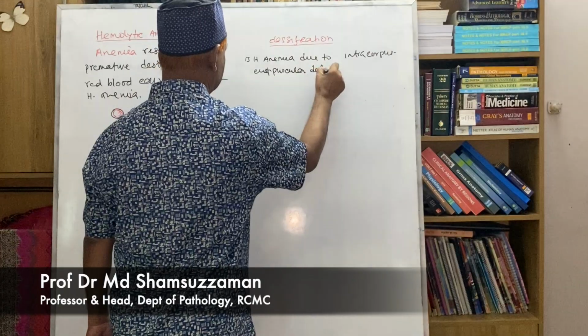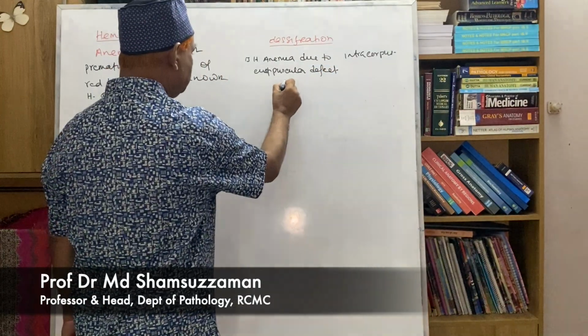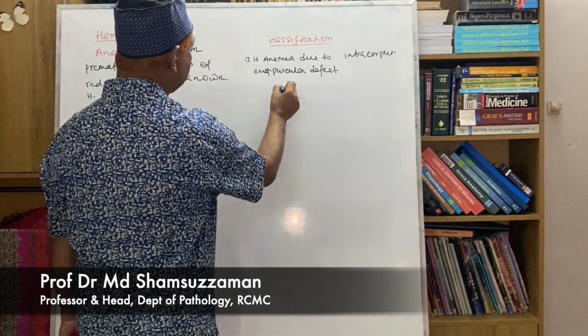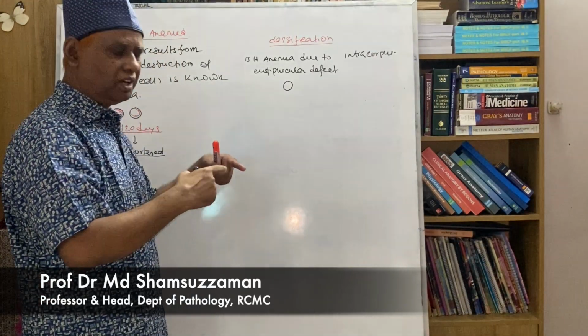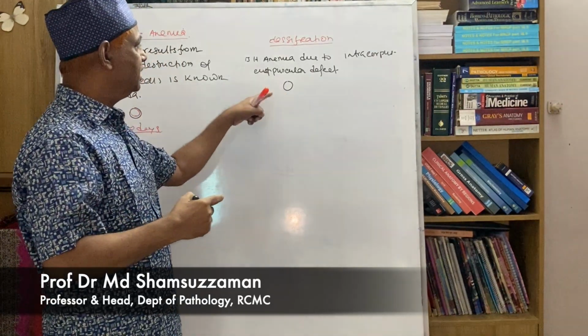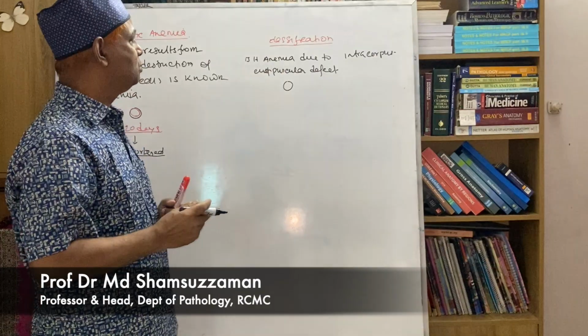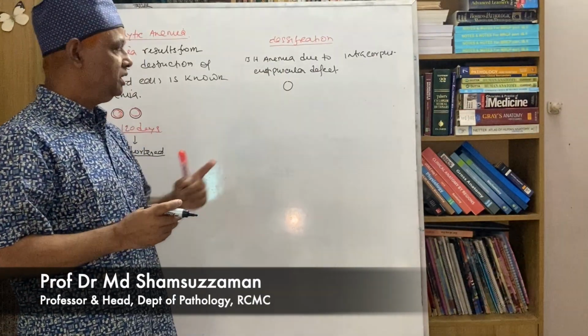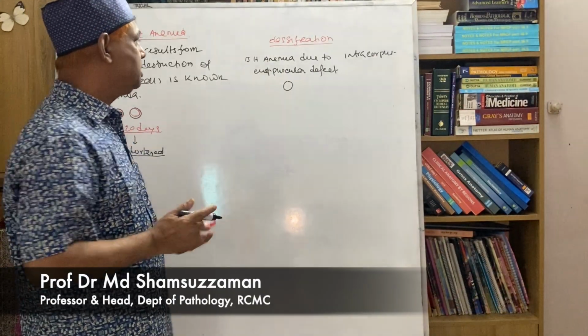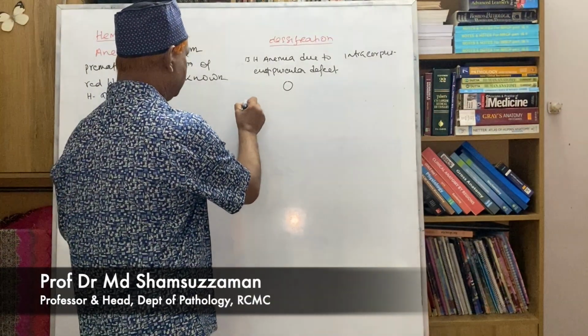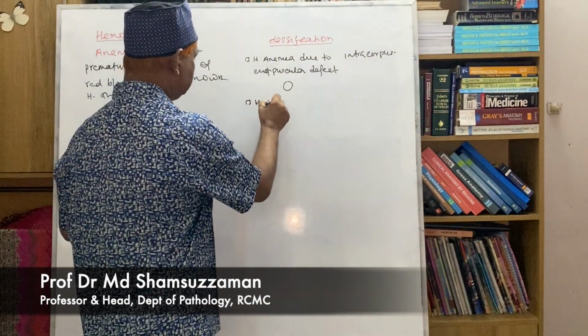That is, if there is any defect within the RBC itself, then there is hemolytic anemia. And this is called hemolytic anemia due to intracorpuscular defect. It is an intrinsic mechanism.